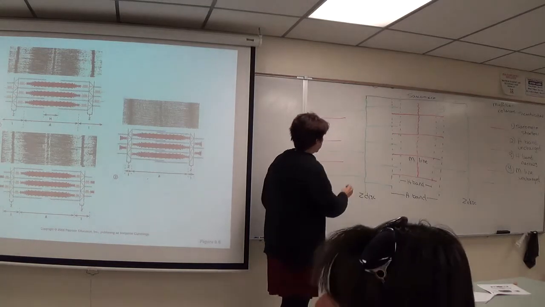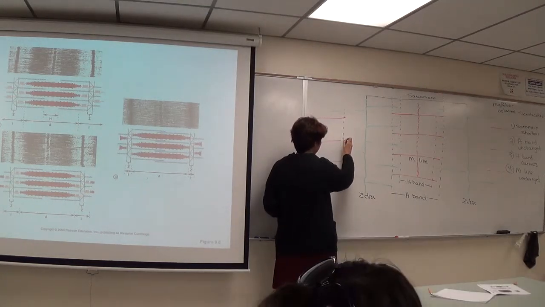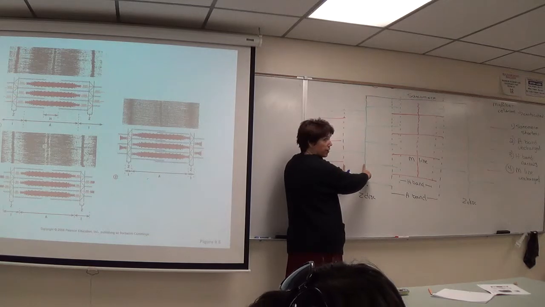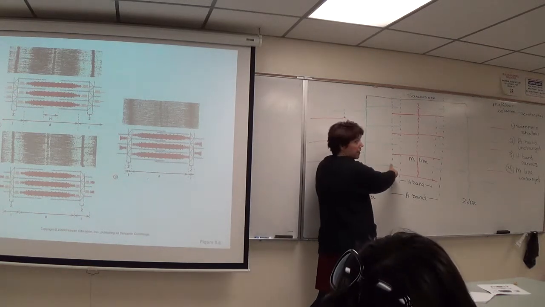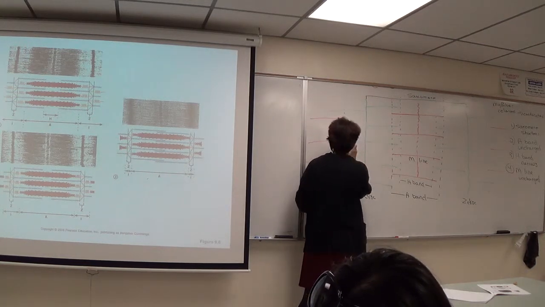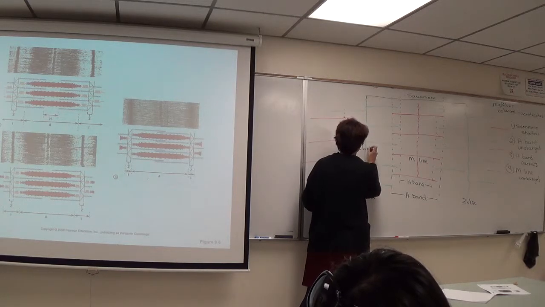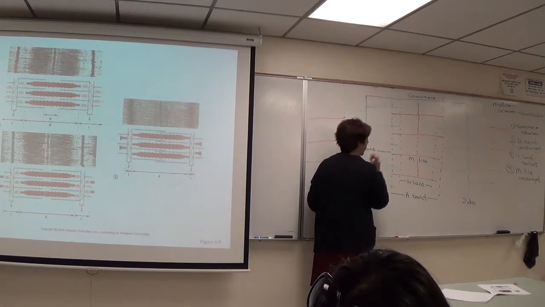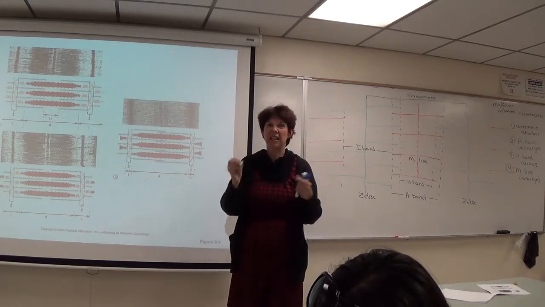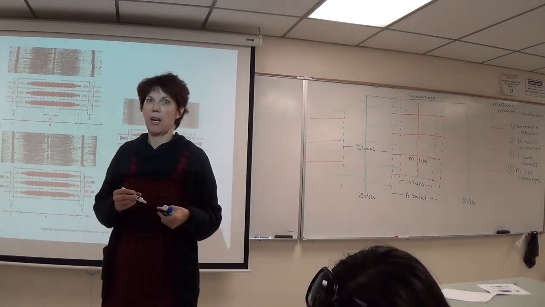So notice that to form the I band, we take this portion of one sarcomere and this portion of the adjacent sarcomere, and that forms the I band. So an I band requires two adjacent sarcomeres.